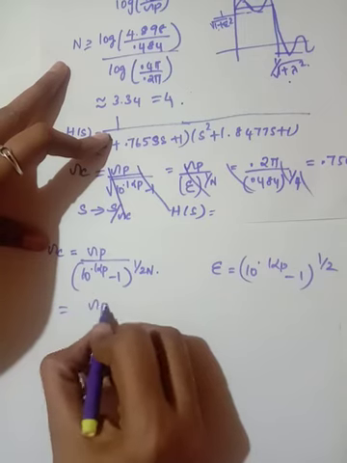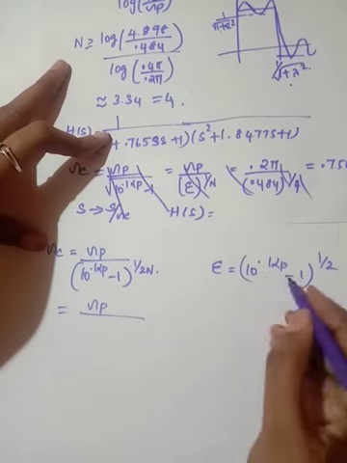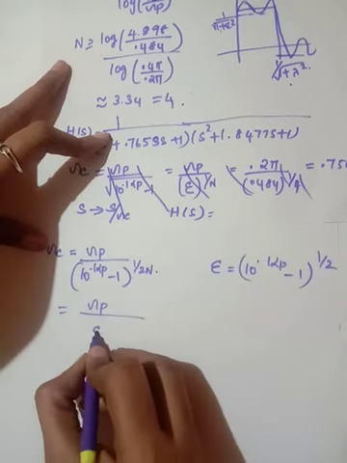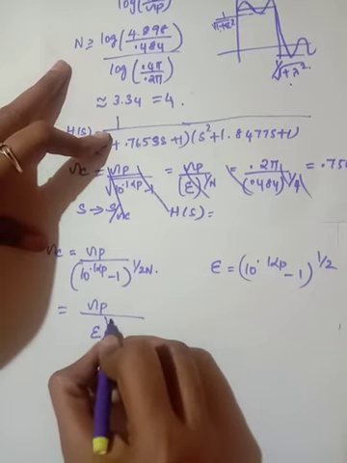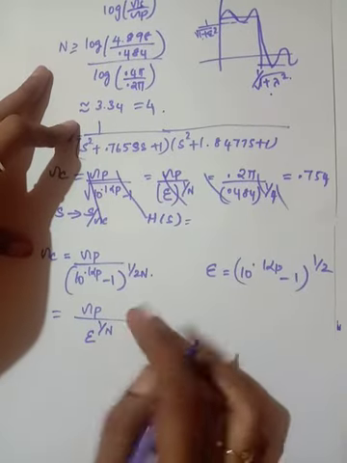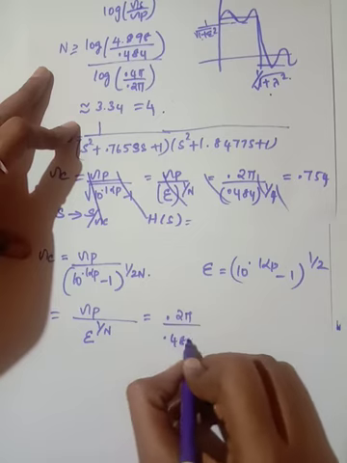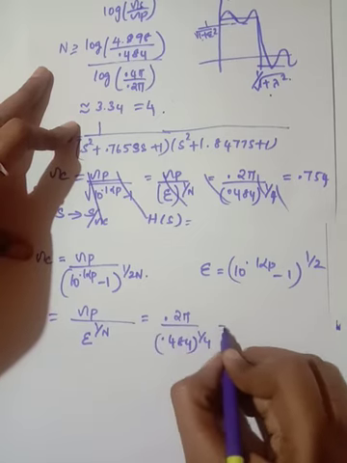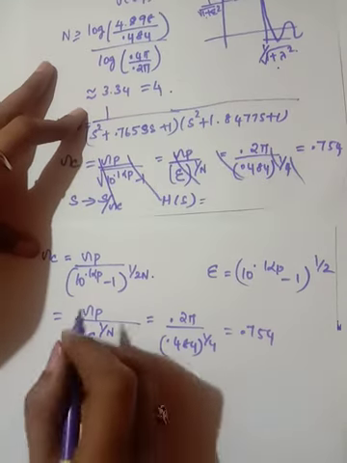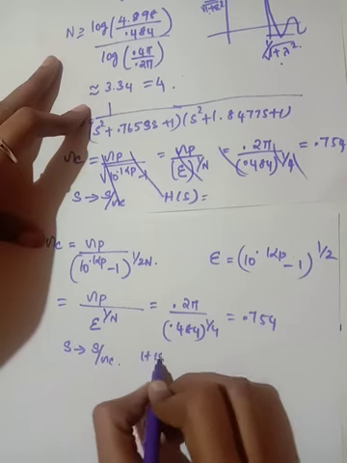So omega p divided by epsilon to the power 1 by n is correct. The same procedure here: 0.2 pi by 0.484 the whole power 1 by 4, which is equal to 0.754. Using this, you find out the transfer function of the filter.